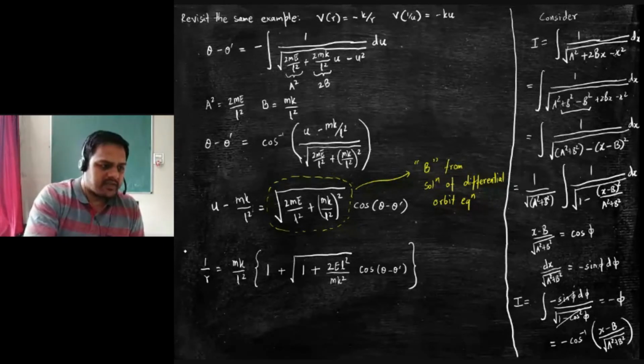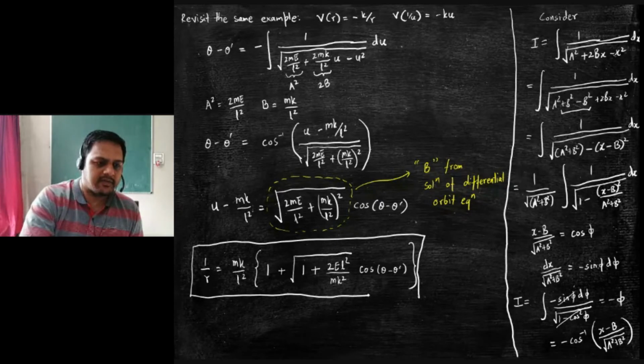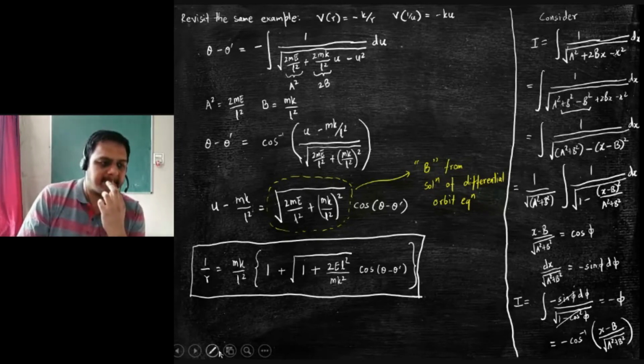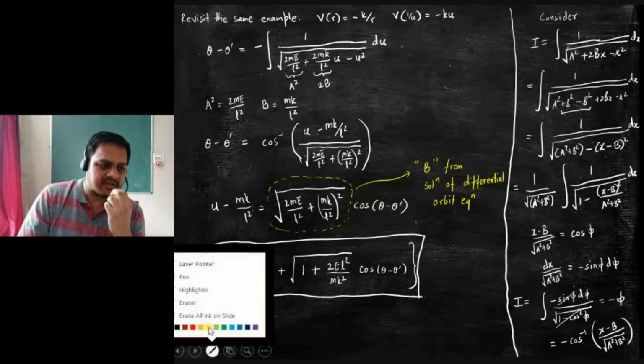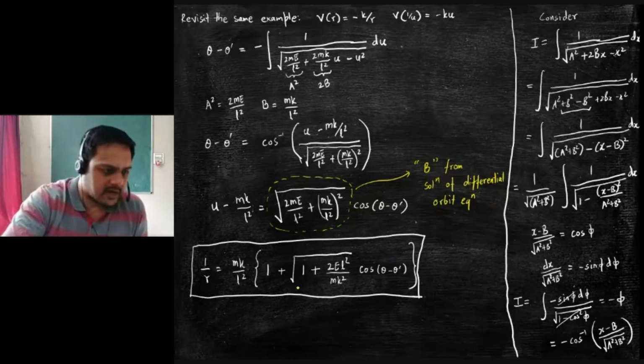This is basically my final form for the orbit equation, rather the solution to the orbit equation in integral form. This is basically the equation of orbit, final solution for the equation of orbit. Can you identify the terms here?